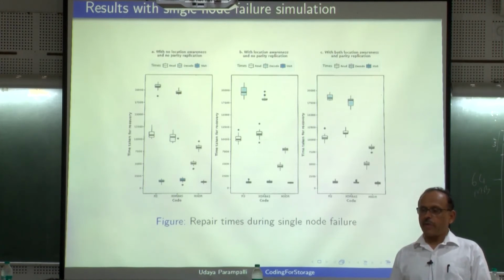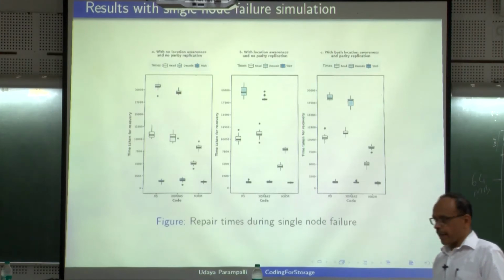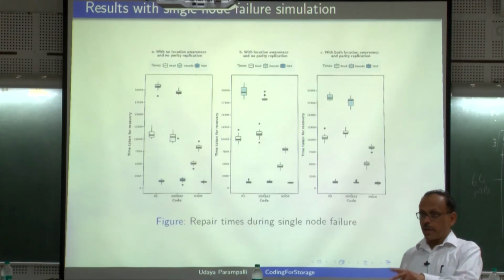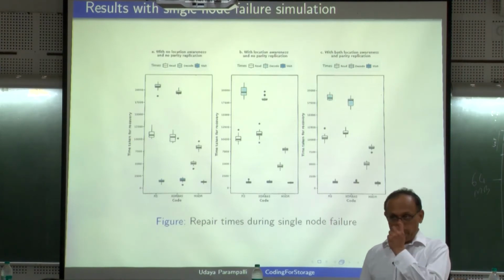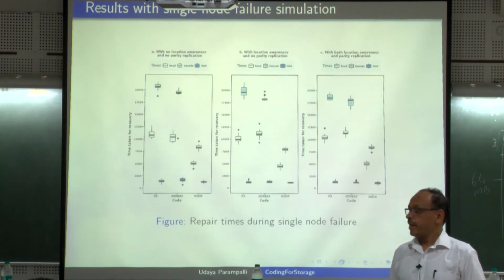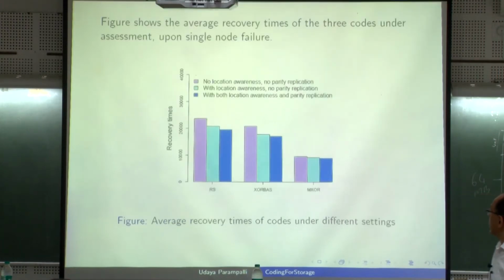For example, with location awareness, parities are also added to the local part, and again, not everything. We only replicate once. If you replicate one more time, you might get more, but then the overhead is almost equal to triple replication. There is no point in it.